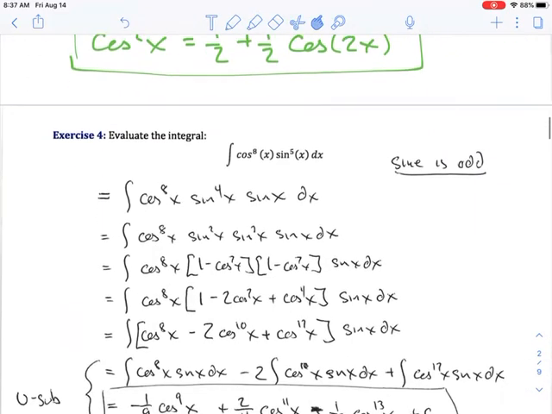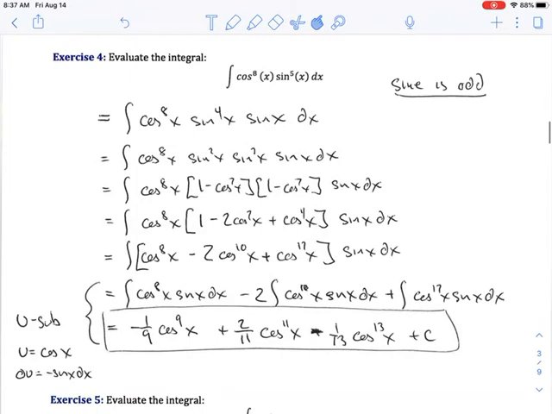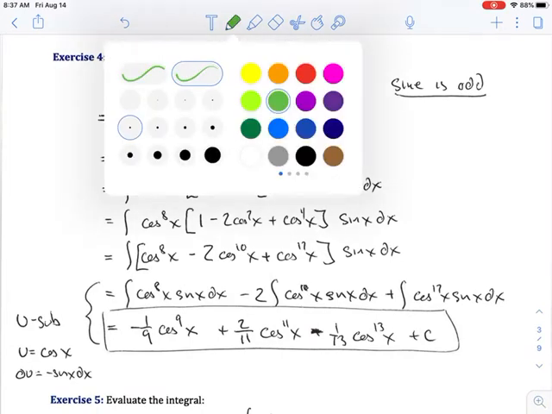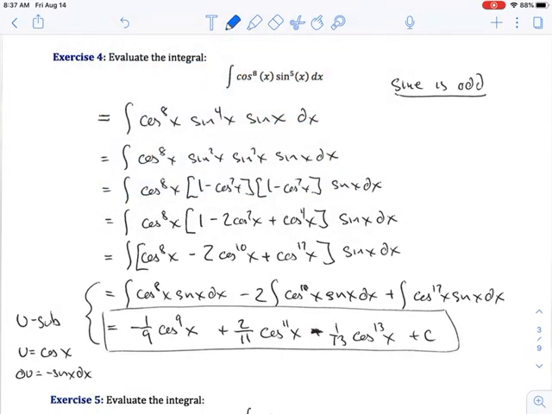Number 3. Okay. So we are back to a mixture of sines and cosines. In this case, cosine is even, sine is odd. So remember, we are looking for an odd power of sine or cosine.